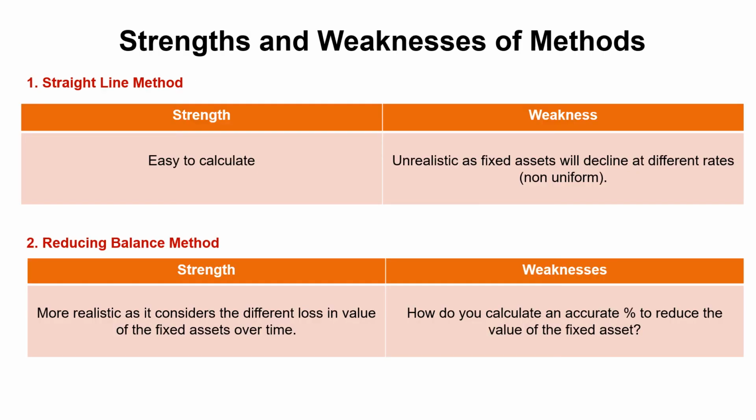You need to be able to criticize, evaluate both methods, and realistically, this is all you need. Straight line method, easy to calculate, but it's unrealistic. I cannot really think of an asset which would lose exactly the same amount of value each year over its useful life.